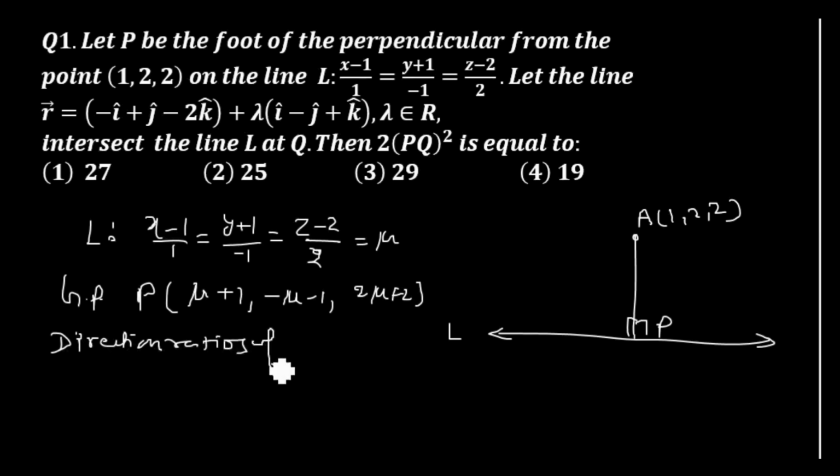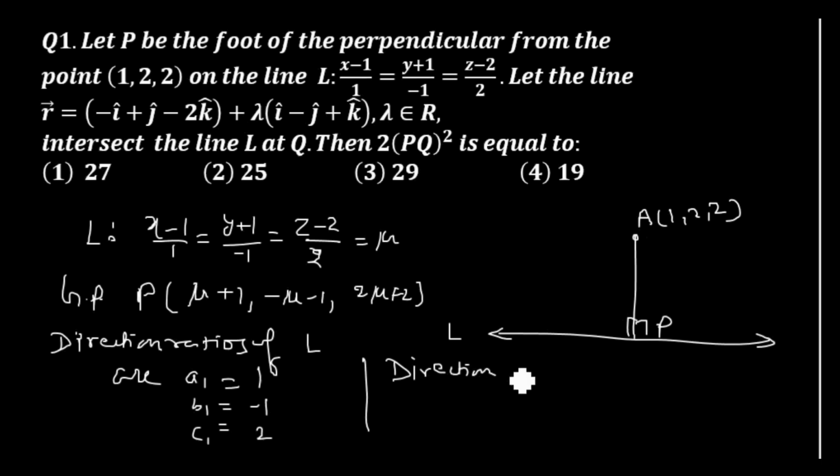Direction ratios of line L, I just consider this as A1, B1 and C1. So A1, B1, C1 will be 1, minus 1 and 2. Now I will find the direction ratios of AP, that is A2, B2 and C2.